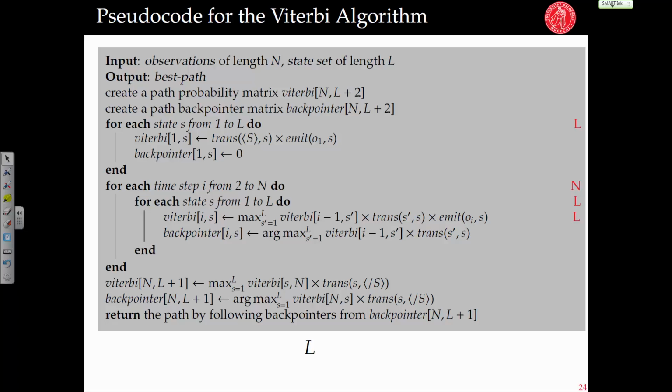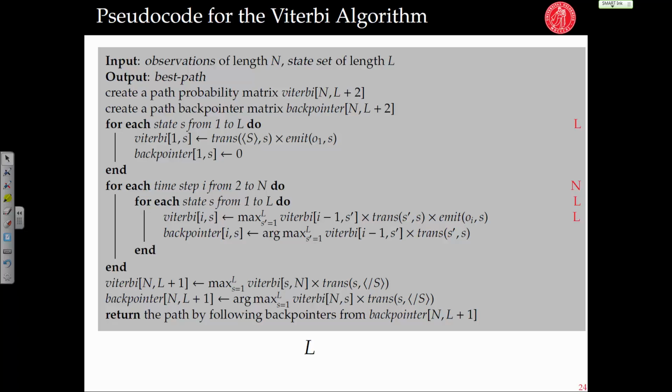It's not the max, which is a comparison. The argmax is a search operator, if you want. It will look for the S that maximizes this. So there is a loop from 1 to L. It's not written as a loop in the pseudocode, but this is still a loop.